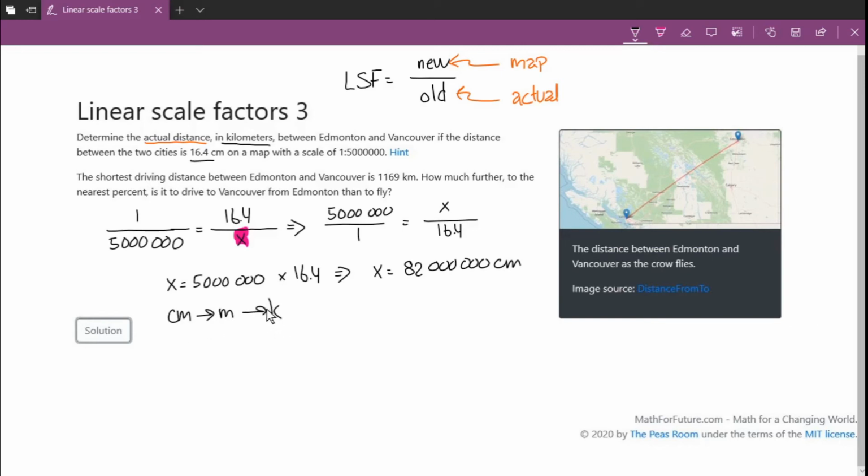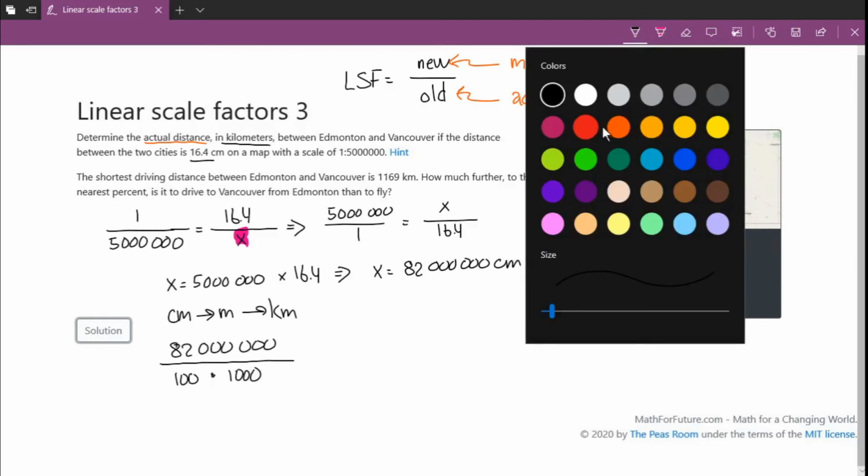So what we're going to do is take 82 million and divide by the number of centimeters that go into a meter, which is 100. And then we're also going to divide by the number of meters that go into a kilometer, which is 1,000. Now we can cancel some zeros.